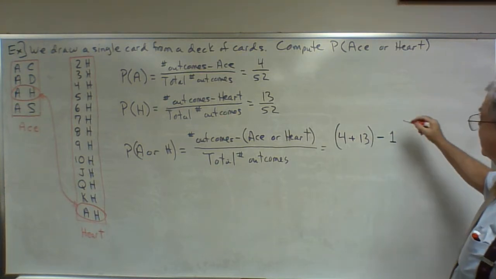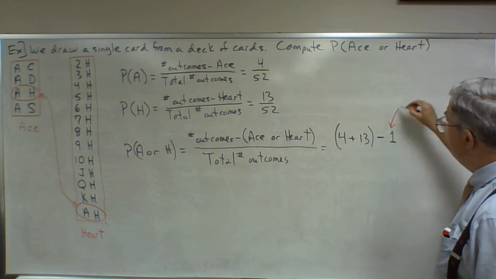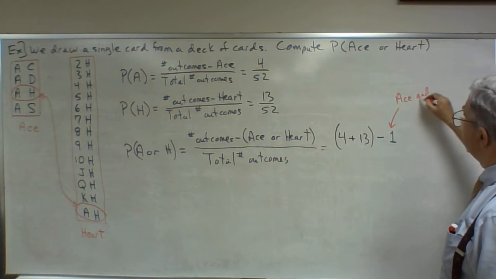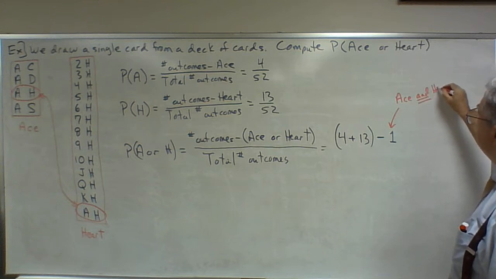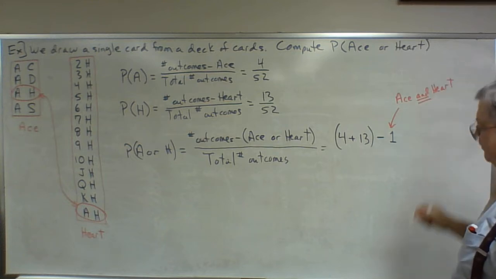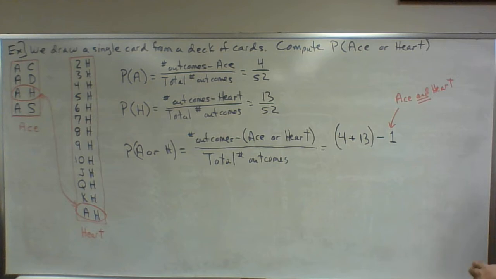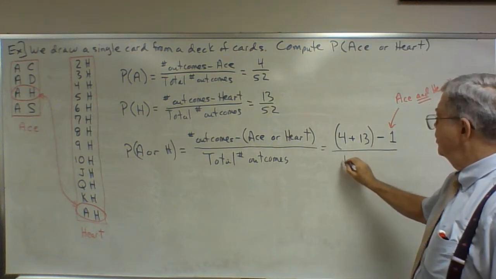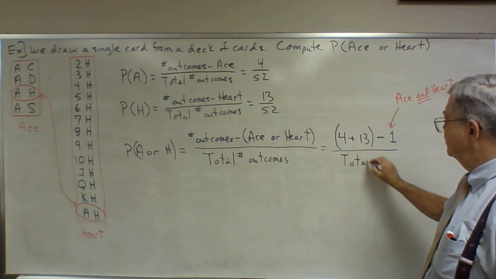We have to subtract the probability that we get an ace and a heart in the same card, over total number of outcomes.